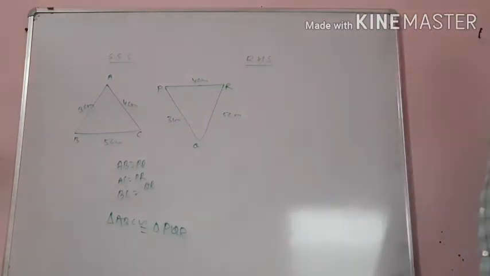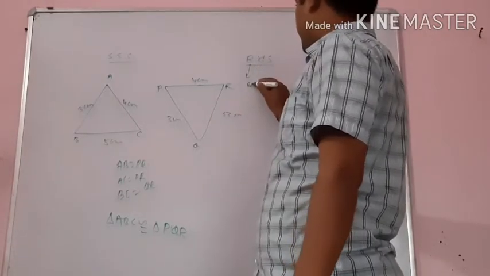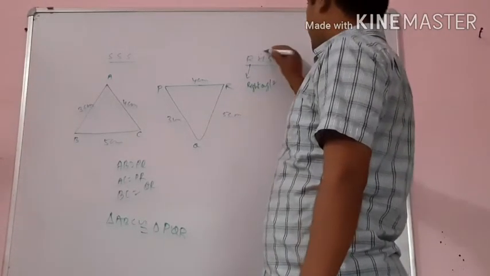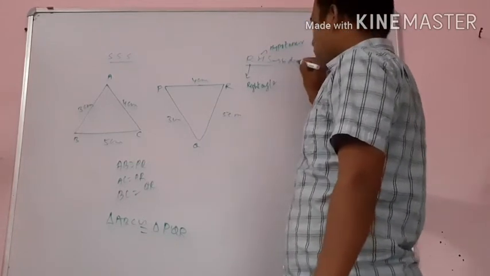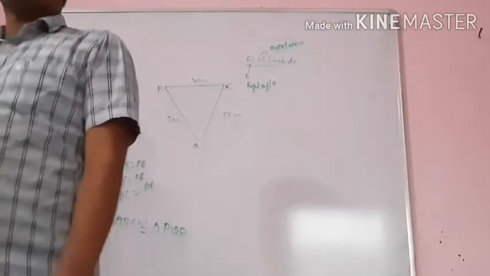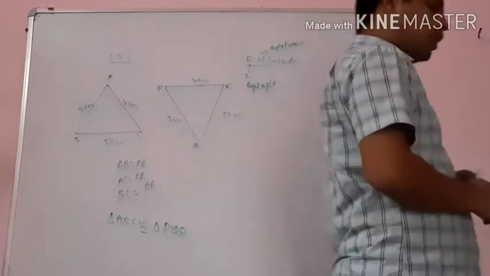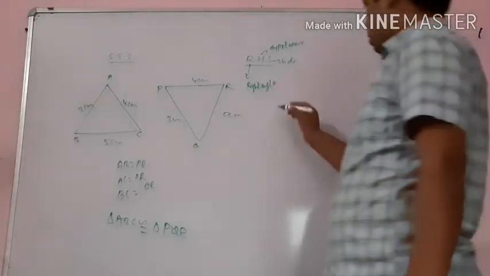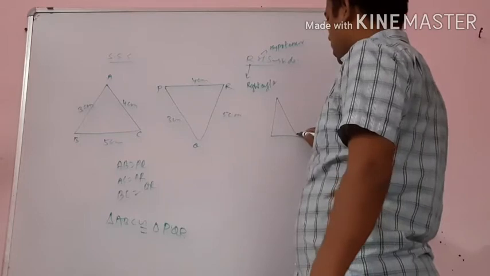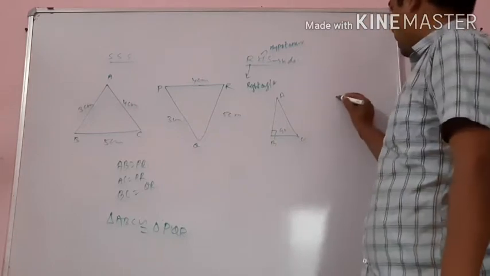Now in RHS there must be one 90-degree angle. R is for right angle, H for hypotenuse and S for side. So when we use the RHS theorem, in that case between two triangles there will be similarity of a 90 degree angle. Suppose triangle ABC, here we have mentioned angle B equals 90.